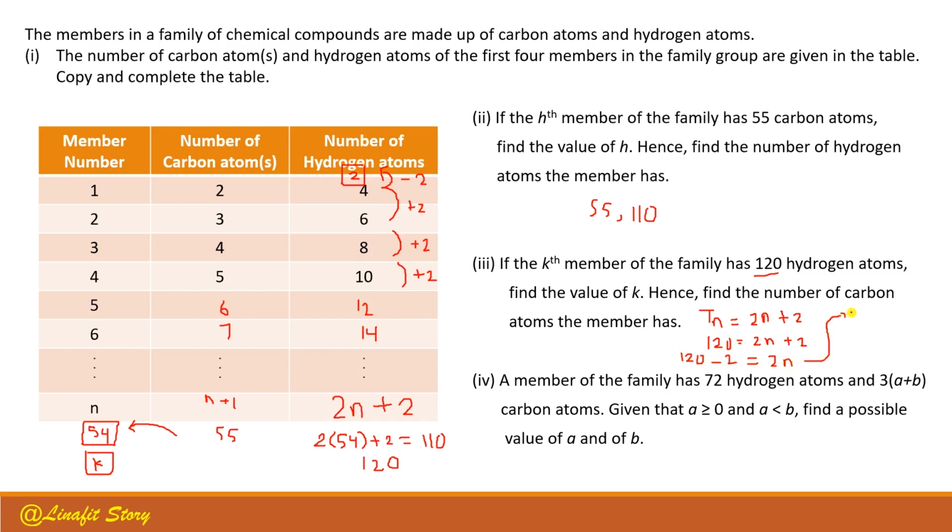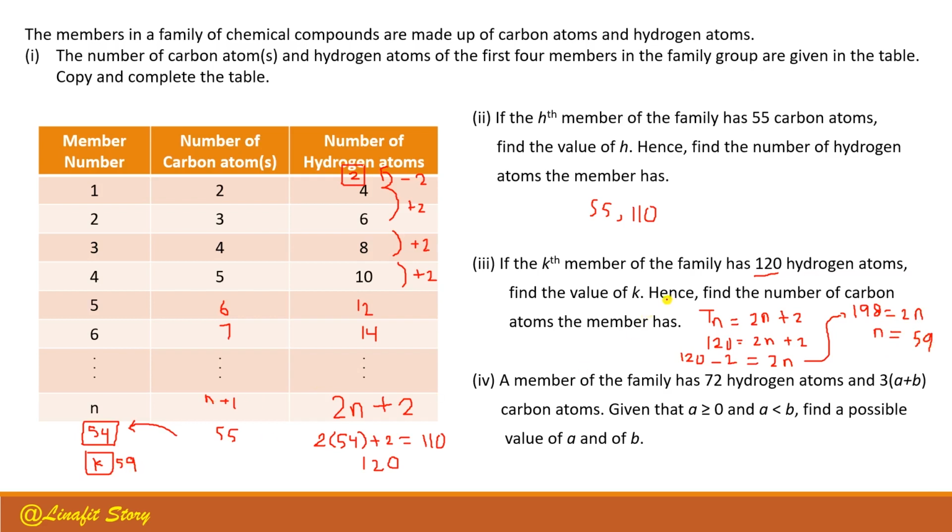Over here, 118 is equal to 2n. 2n means 2 times n. So n is equal to 118 divided by 2 is equal to 59. K is equal to 59.